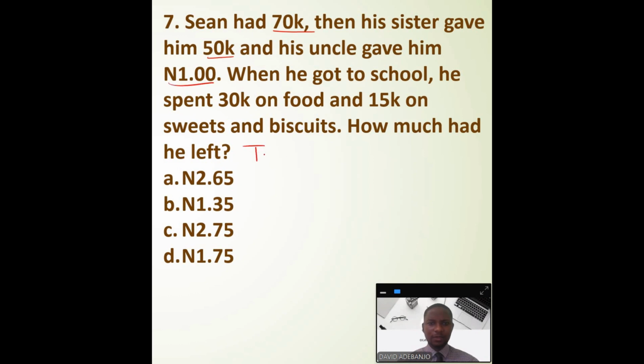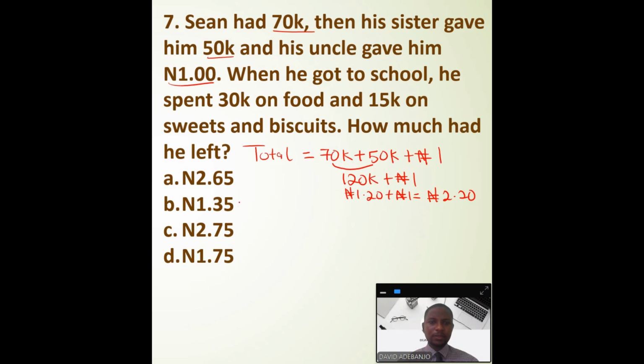So you can actually find the total of what is happening. That's 70 kobo plus 50 kobo plus the 1 naira. When you add these two together, you have 120 kobo, plus 1 naira. And 120 kobo is 1 naira, 20 kobo. If you add it to the 1 naira, what you have there is 2 naira, 20 kobo.